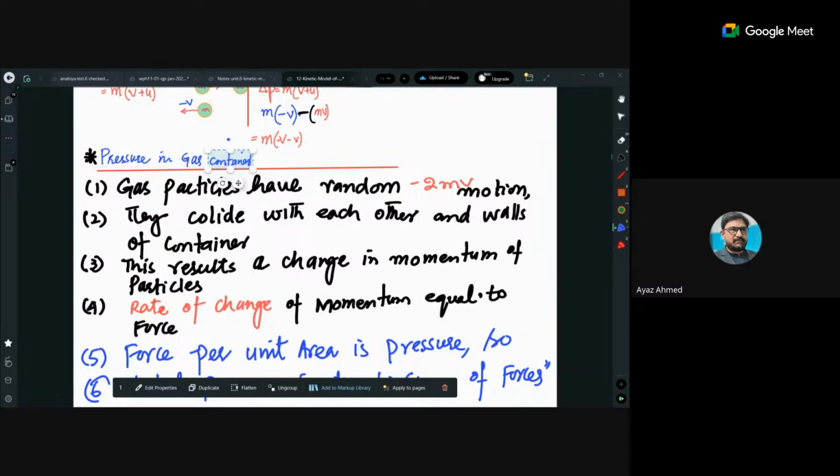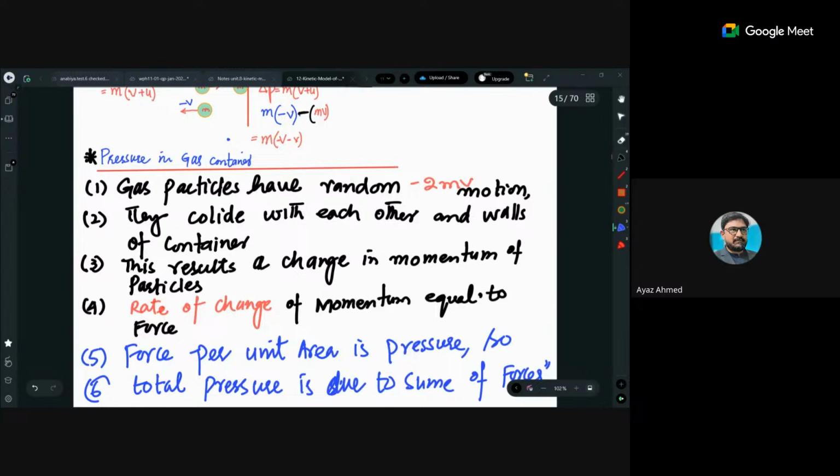You must remember this, okay? So look, there is a sequence. Gas particles are moving randomly, first point. Second point, what did I tell you? When they move randomly without any sequence, with eyes closed, they will collide. When they collide, their directions and momentums change.